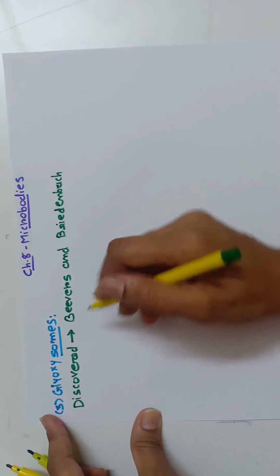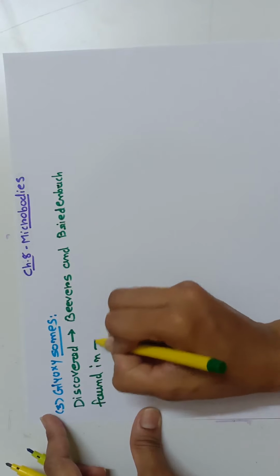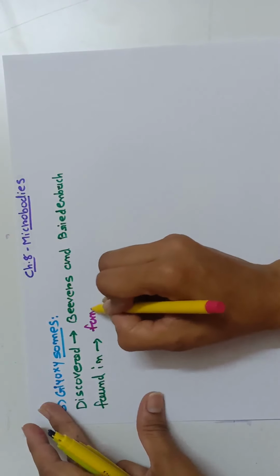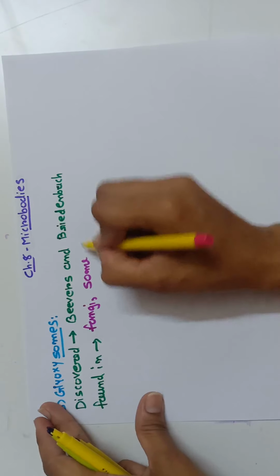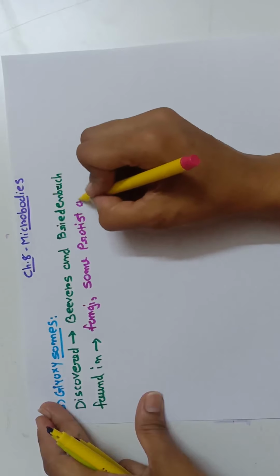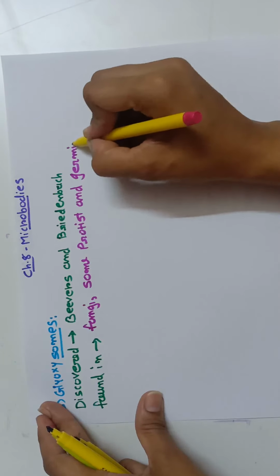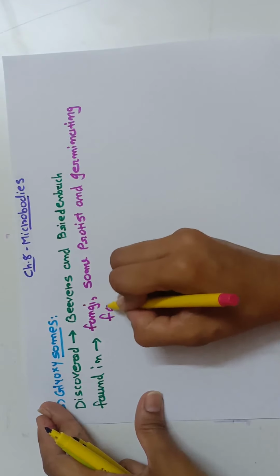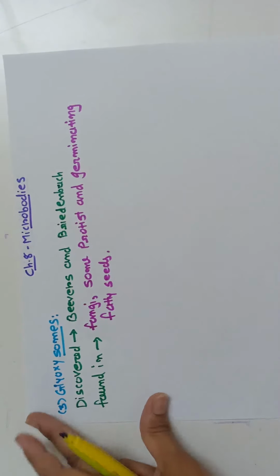It is found in fungi, some protists, and germinating fatty seeds.